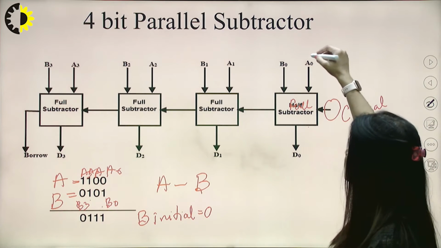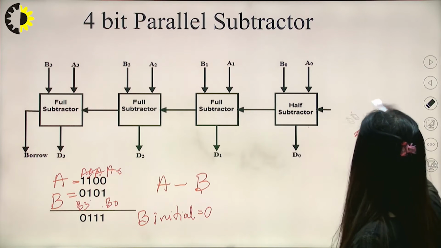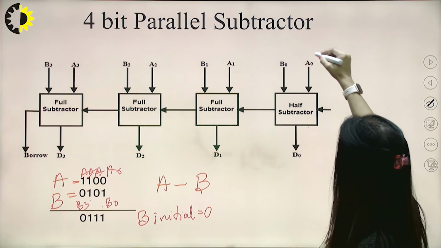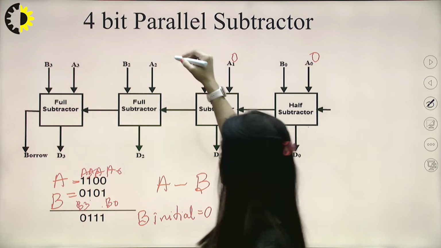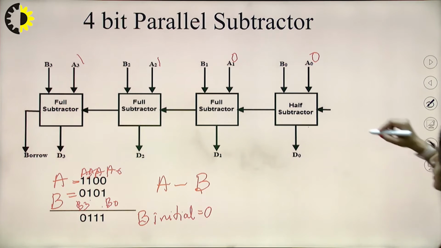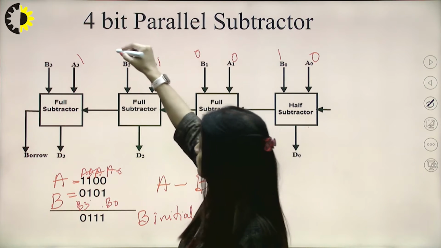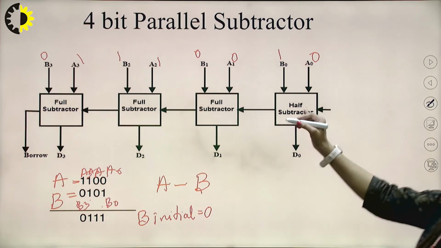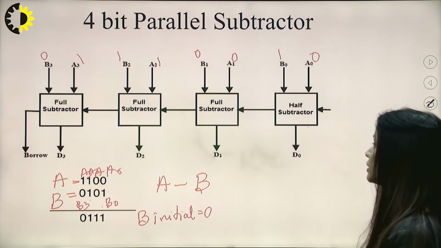So here, coming to this A0, all the values we will write here: 0, 1, 1, and B0 is 1, 0, 1, 0. If it is a full subtractor, then I will write 0 here, otherwise we can leave it.